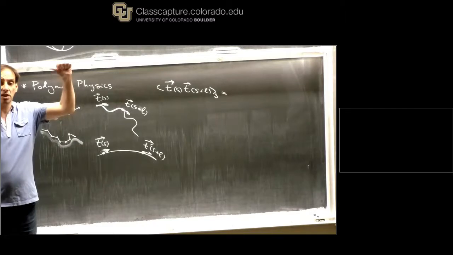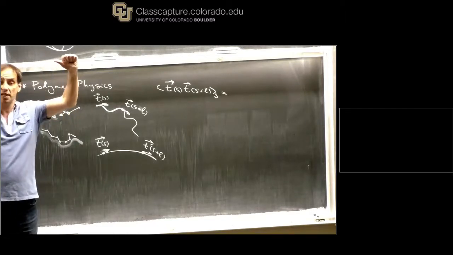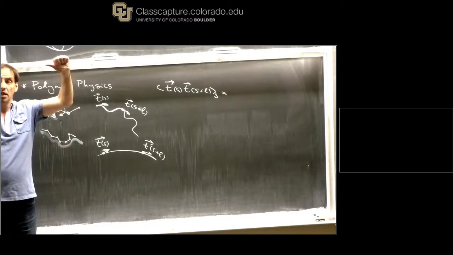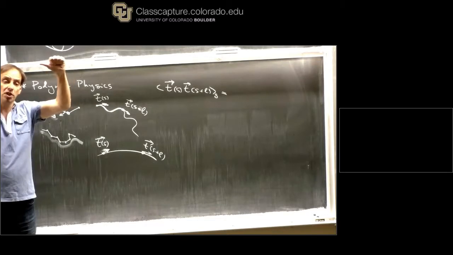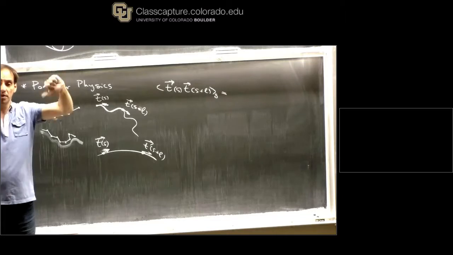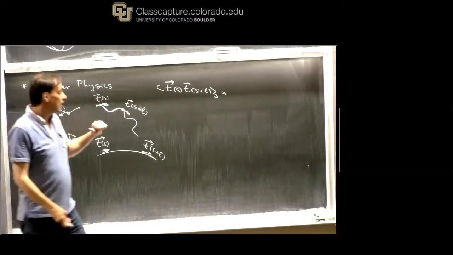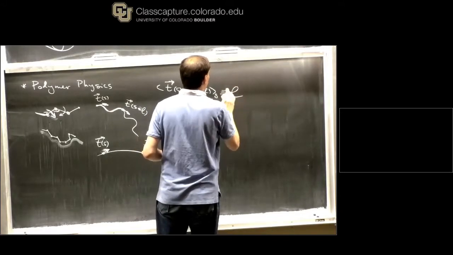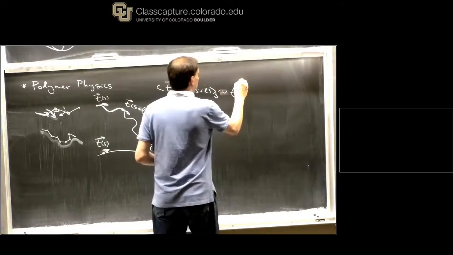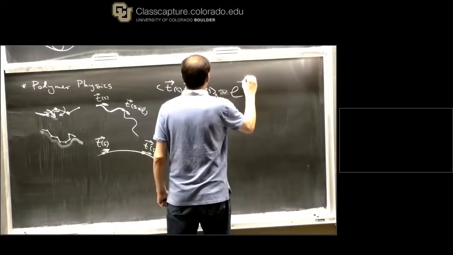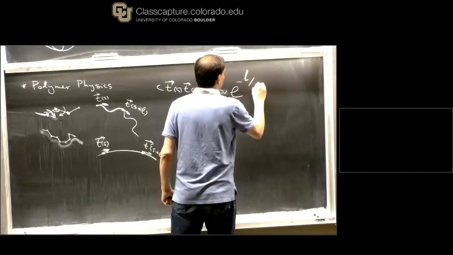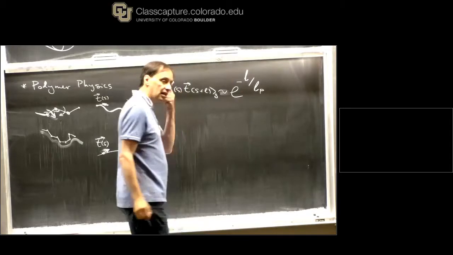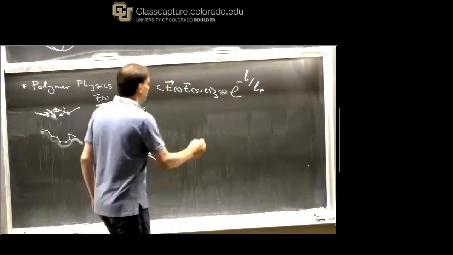If I have two points separated by some chain of length L, do these monomers always point in the same direction, or are they totally free to do whatever they want? It can be shown that this decays exponentially with L, and the decay length is called LP, or persistent length.